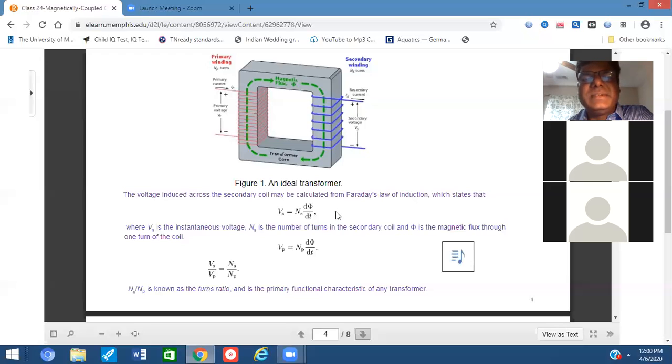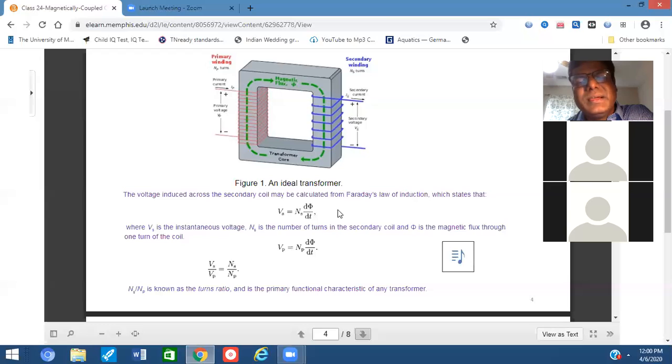The first equation I have written is Vs = Ns dφ/dt. You remember last class we discussed that the secondary side voltage Vs is proportional to the rate of change of flux.